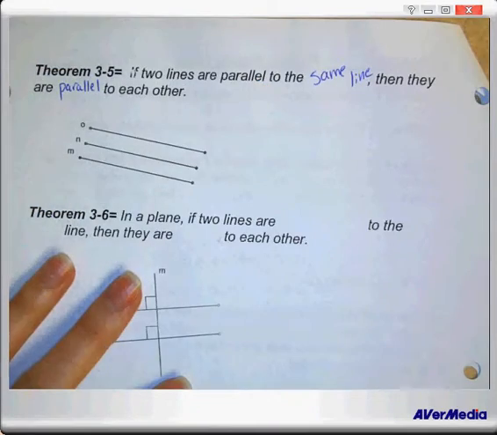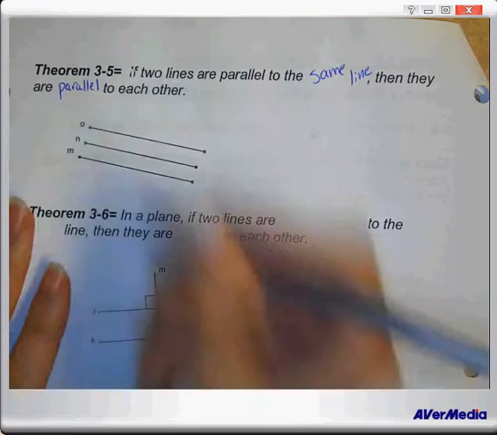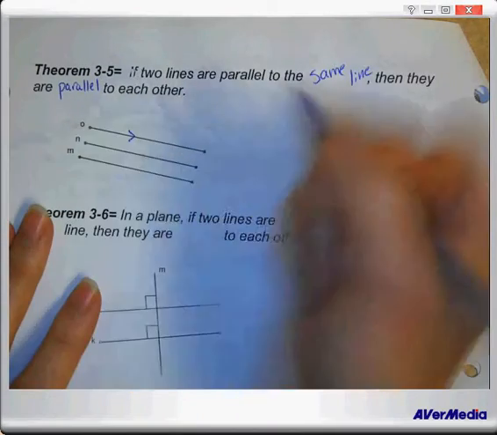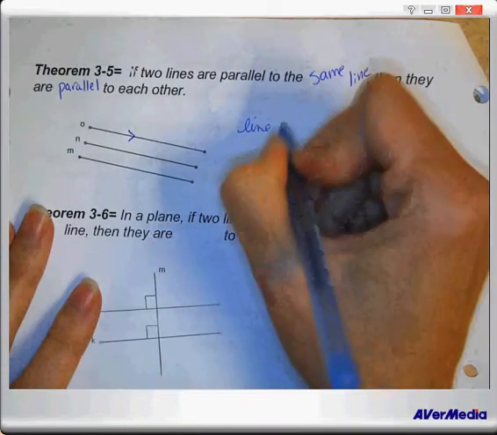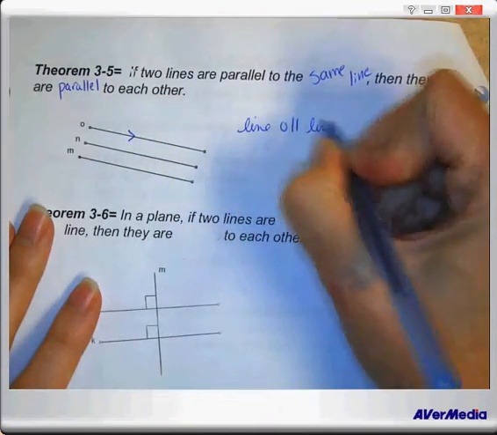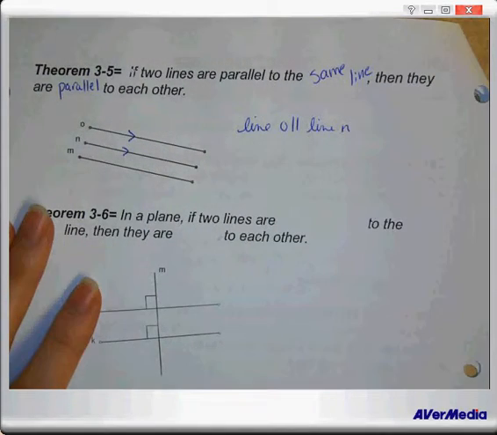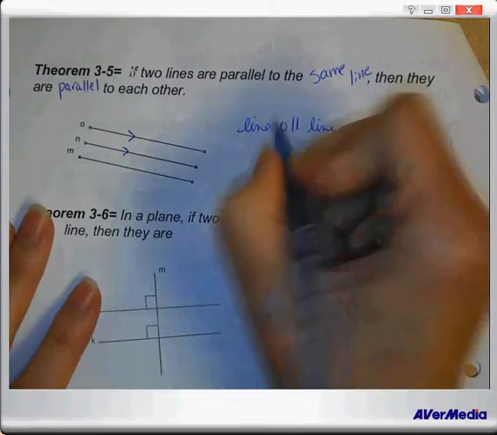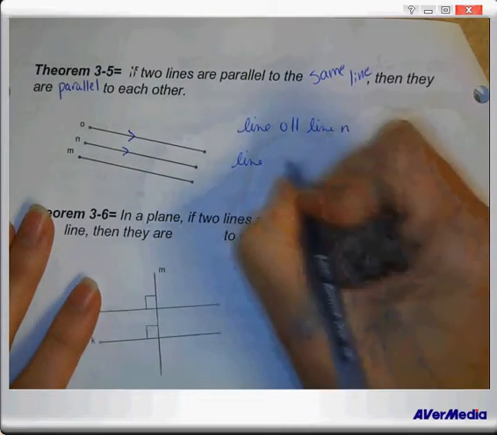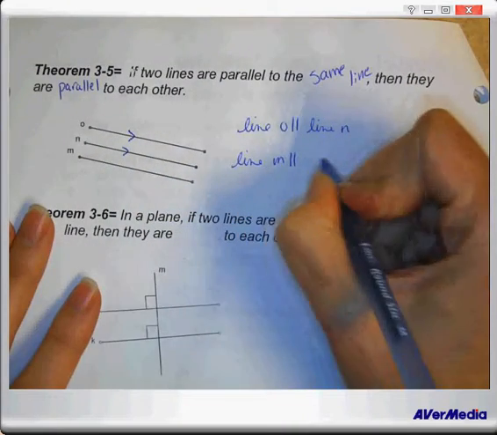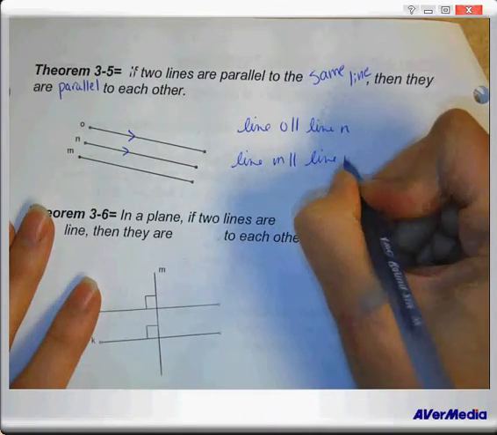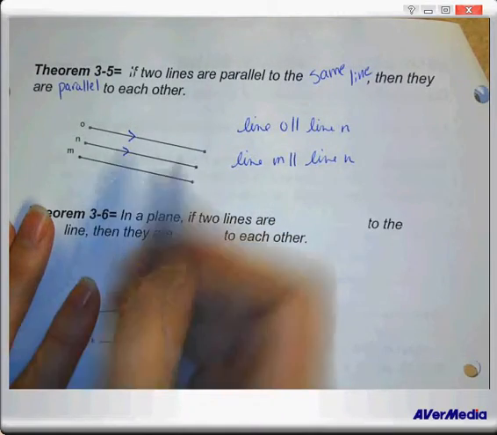Here's what we're talking about, all right? Let's say that line O is parallel to line N. But we also know the same thing here, that line M is parallel to line N. That means these will never intersect. So I go in and mark it because it's parallel to N, the same mark.